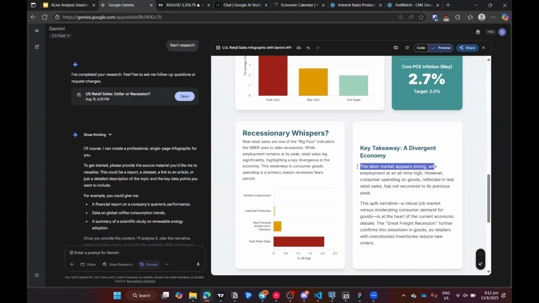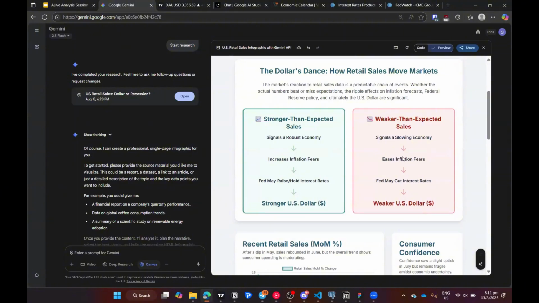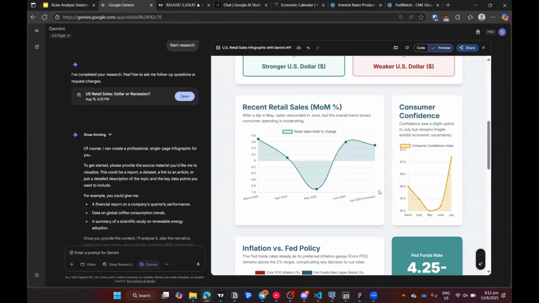So essentially, if the Federal Reserve does not cut rates, which is contradictory to this path here, you will see the US dollar strengthen when the retail sales is announced.